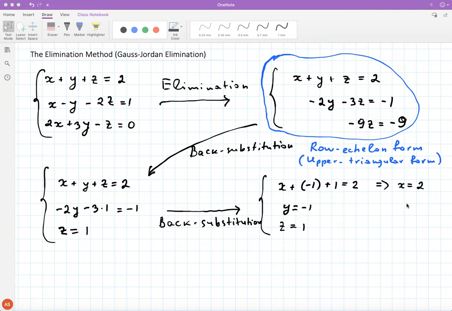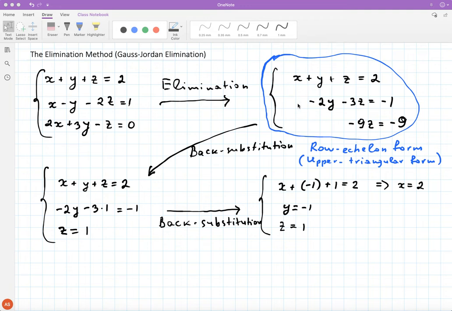It's possible to loop in circles if one is not doing the calculation systematically. In this case, after doing elimination, one can arrive at the following system on the right hand side, which I circled in blue. This is sort of what we want to achieve with the elimination method.